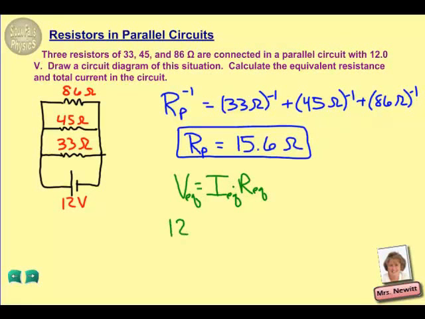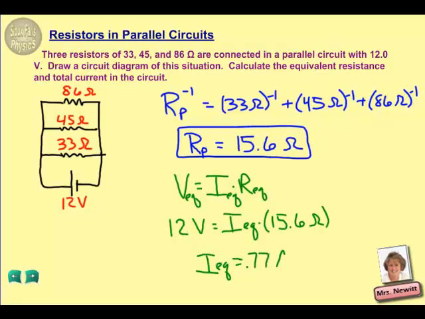Our total voltage is 12. We'll be finding the total current, and our total resistance, just calculated at 15.6 ohms, gives us an equivalent current of 0.77 amps as our total.